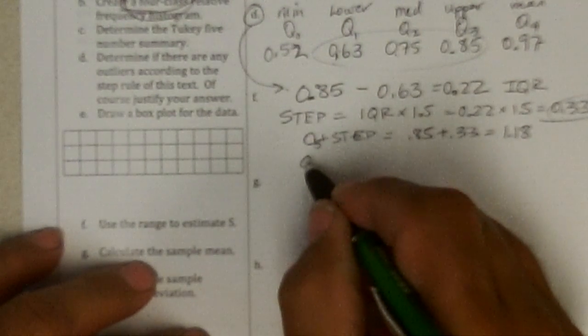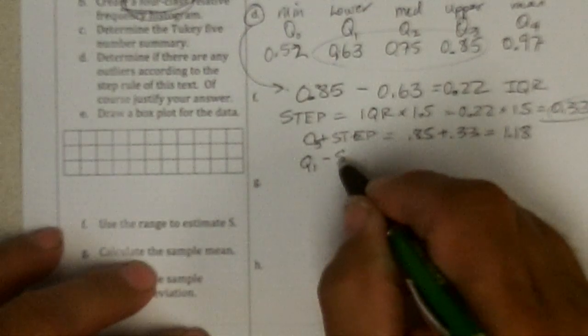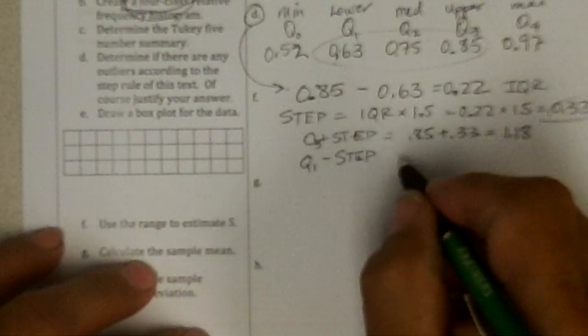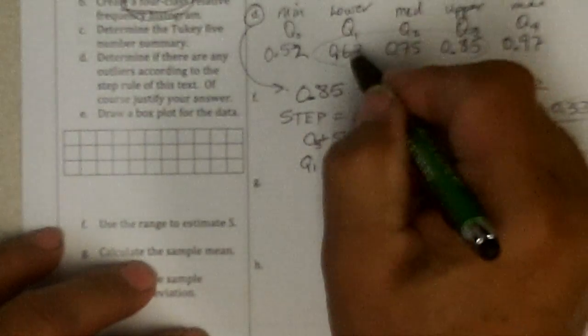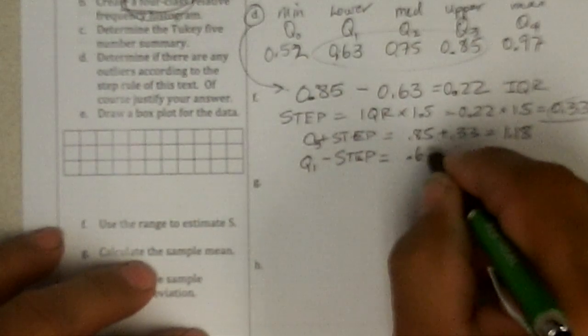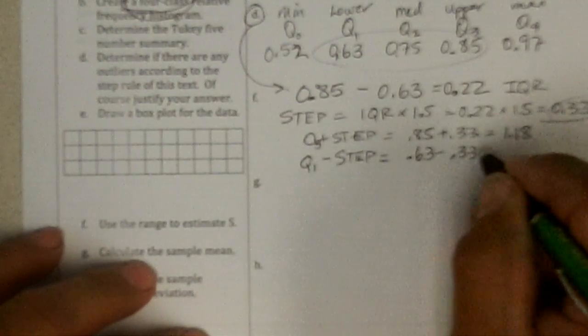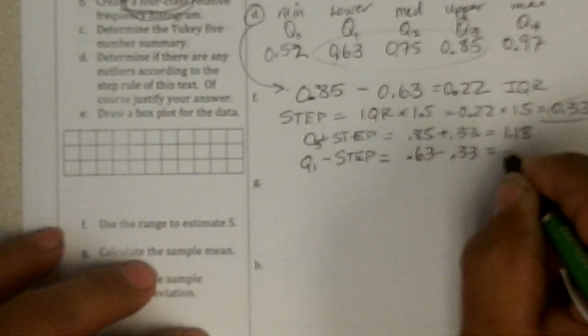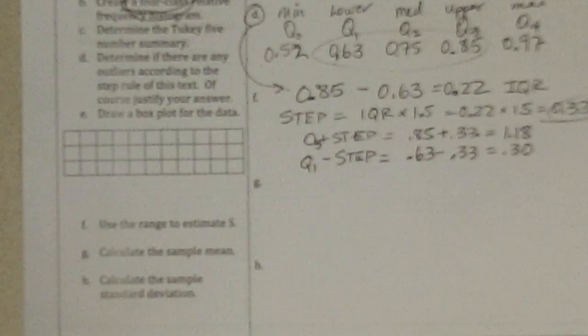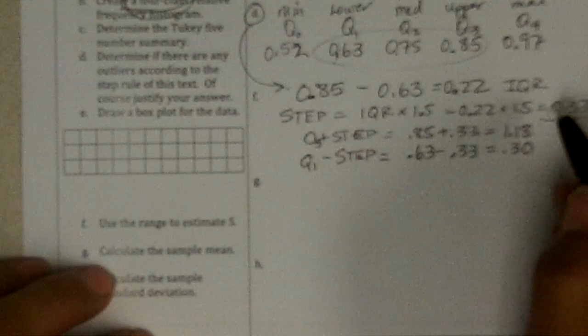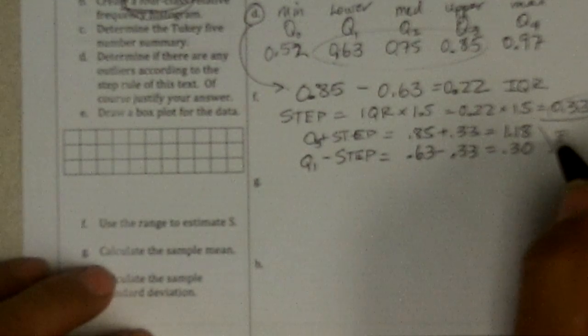And take Q1 and subtract a step, which is 0.33. So Q1 is 0.63 minus 0.33, which is 0.30. So the lower fence and the upper fence, these are the fences.